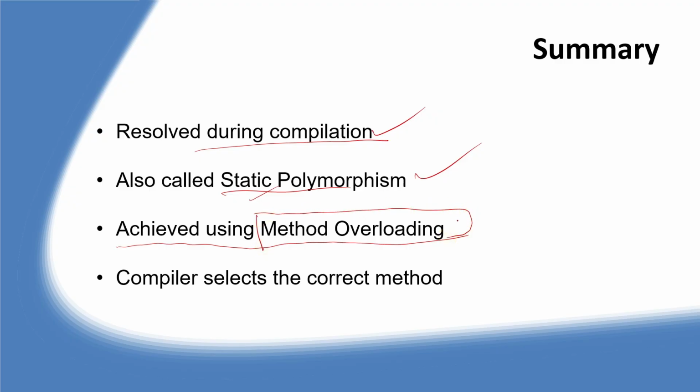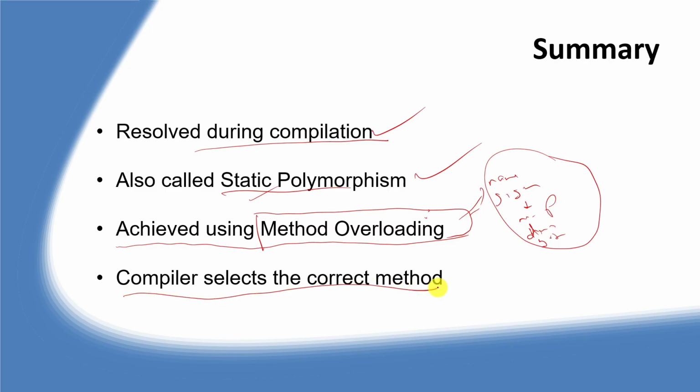For method overloading, we had a set of rules, right? Method name should be the same, signature should be different. Signature means number of parameters, data types, or both. We follow this set of rules for method overloading. After following these rules, we achieve method overloading, and from method overloading, we achieve compile time polymorphism. The compiler selects the correct method.